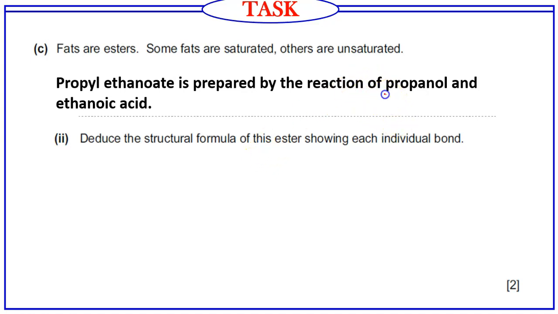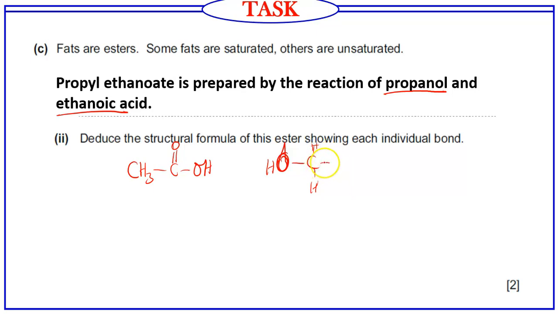First of all, that is why I said you must study your alkanol and carboxylic acid. These are the compounds, so let's draw them. CH3COOH. It says structural formula, so let me draw this. OH from the alkanol, so propanol.